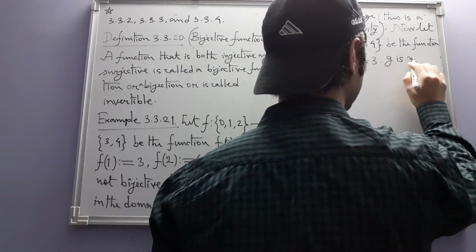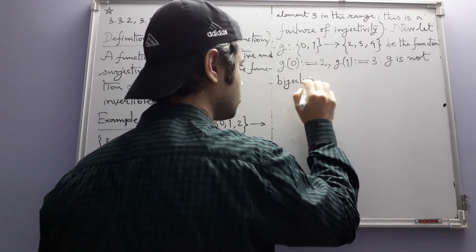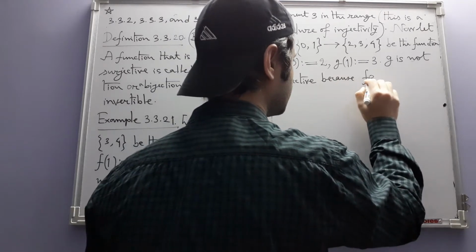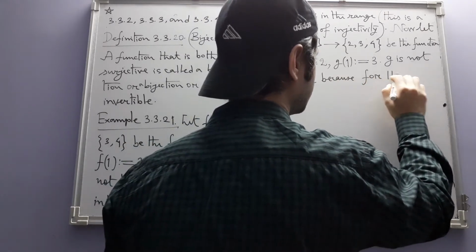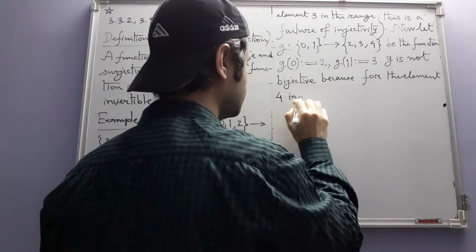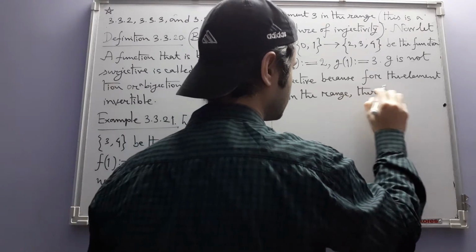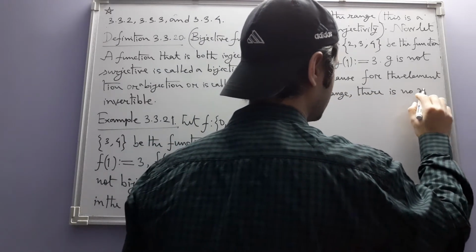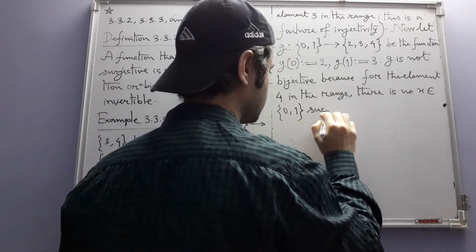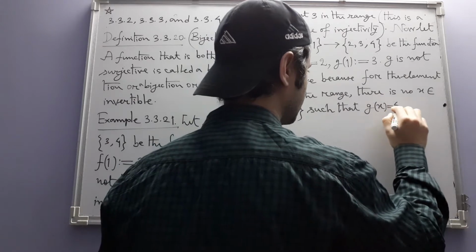G is also not bijective because for the element 4 in the range, there is no element x in the domain such that g of x is equal to 4.